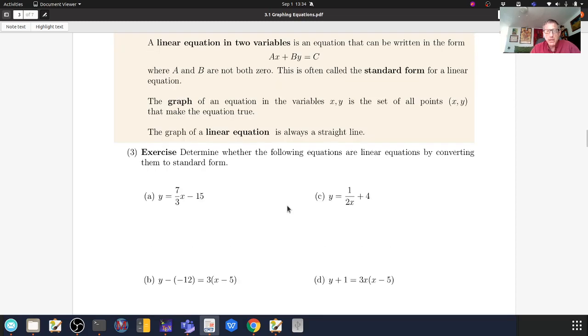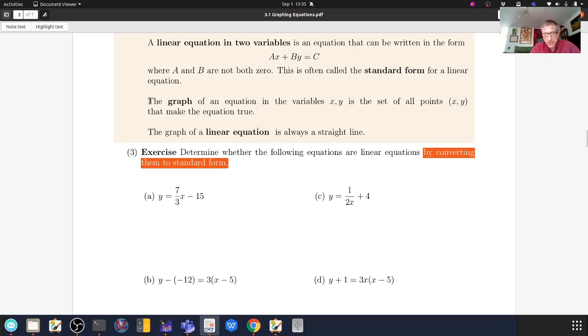So here we've got to determine whether the following equations are linear equations, and we're going to do it by converting them to standard form. We're going to take this as true. There is no proof given, but we're going to simply say a linear equation, by definition, can be converted to this form, and we won't worry about looking at its graph or anything else.